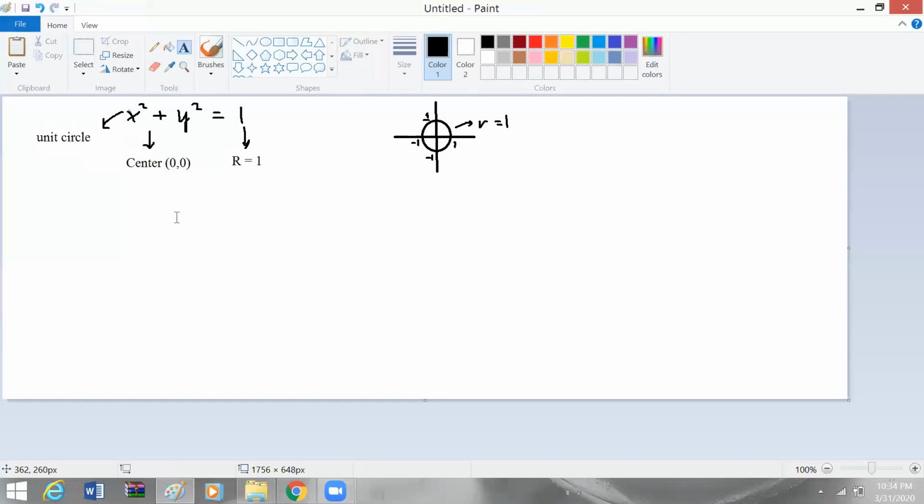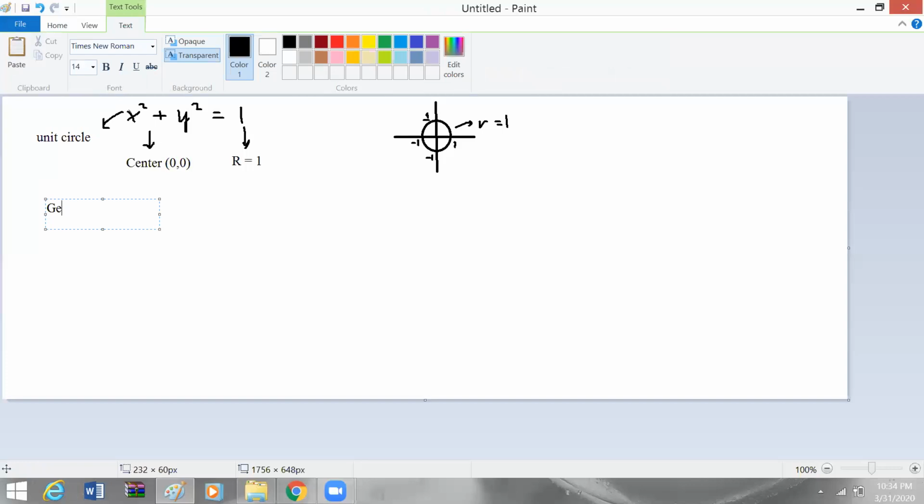But most likely, the general circle that we might have has the form, the general circle equation would be the following. It has something squared plus something squared equal to r squared. So this is the equation.